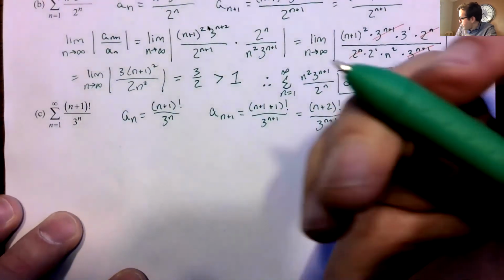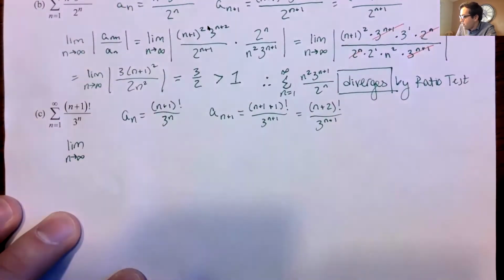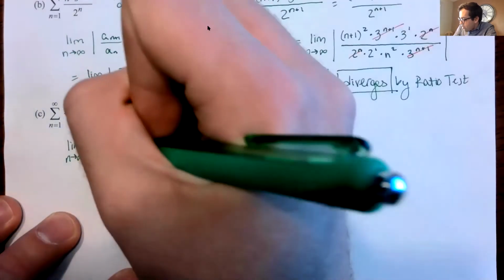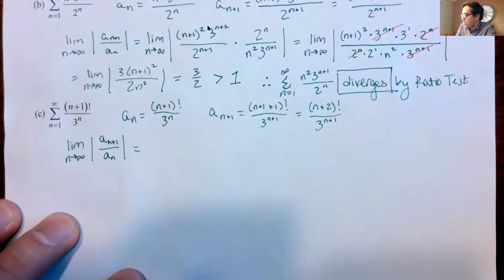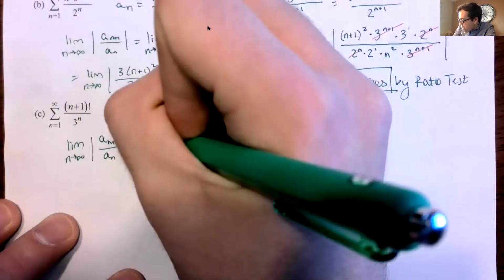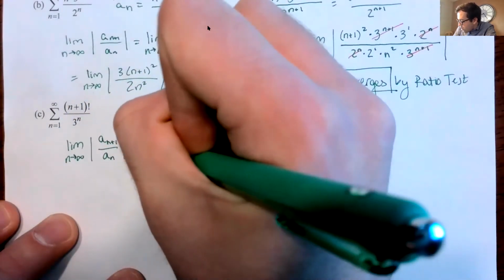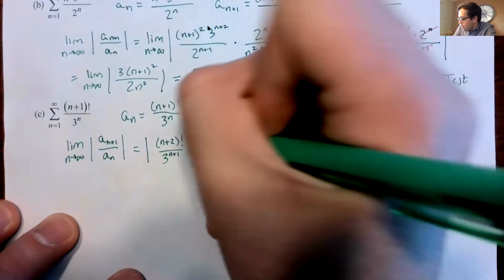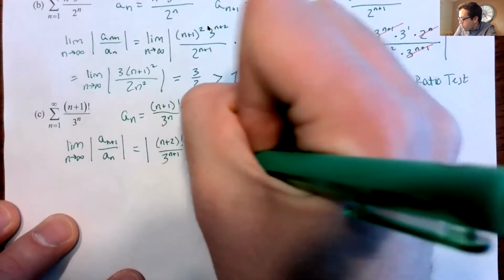We are going to have the limit as n approaches infinity of the absolute value of a sub n plus 1 over a sub n. I'm going to jump straight to where I'm multiplying by the reciprocal. So I'm going to have n plus 2 factorial over 3 to the n plus 1 times 3 to the n over n plus 1 factorial.